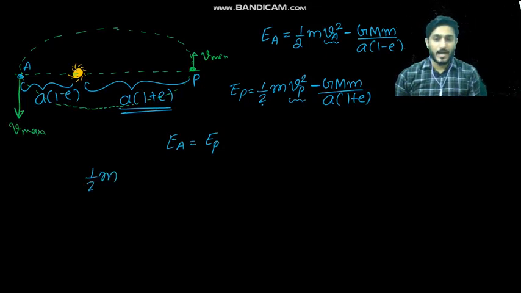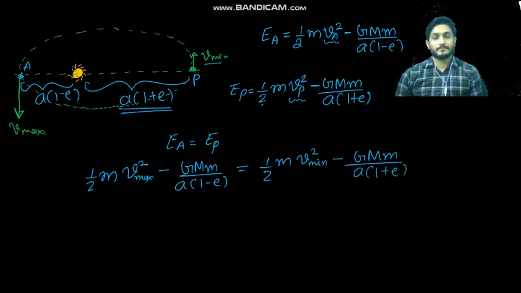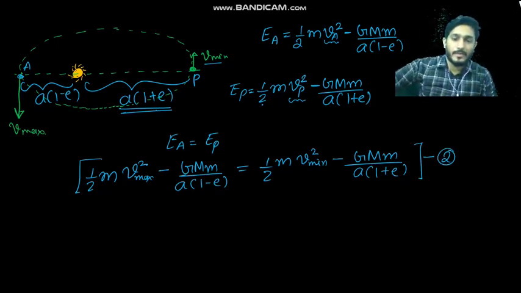It is half m, instead of va I am writing vmax square, minus GMm upon a into 1 minus e. And for P I am writing half m, instead of vp, the minimum velocity vmin square, minus GMm upon a into 1 plus e. This is our equation, let's say 2. Now, how many equations do we have?